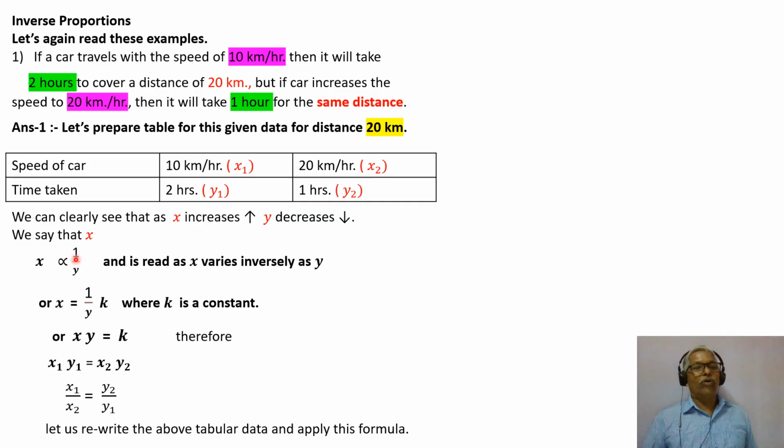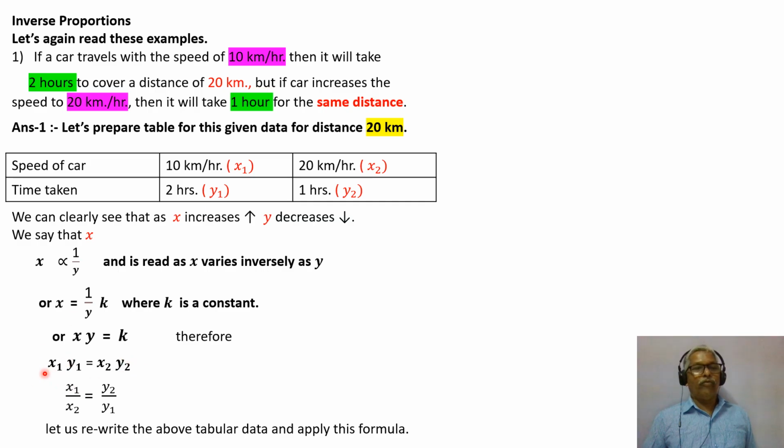Or we introduce the equal to sign, x equal to 1 upon y into k, where k is a constant, or by cross multiplication, xy equal to k, a constant. Therefore, x1 y1 is equal to x2 y2 is equal to k.